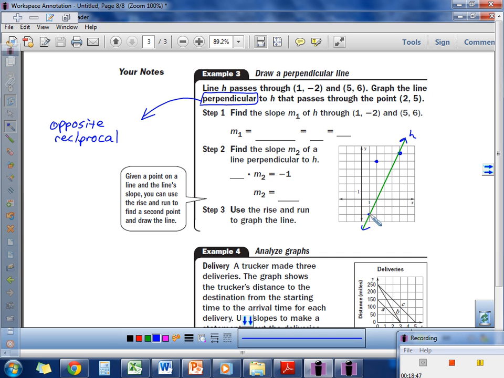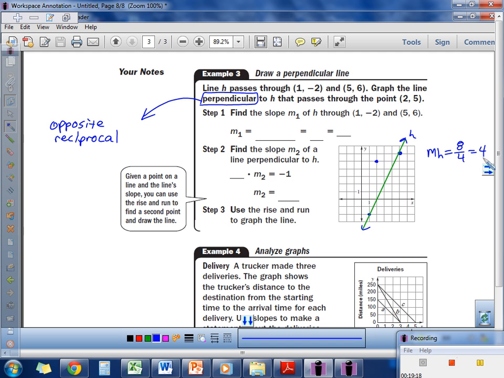Leftmost point, we go up 1, 2, 3, 4, 5, 6, 7, 8, over 1, 2, 3, and 4. The slope of line H is 8 over 4, which simplifies to just a 4. I want the opposite reciprocal of that.